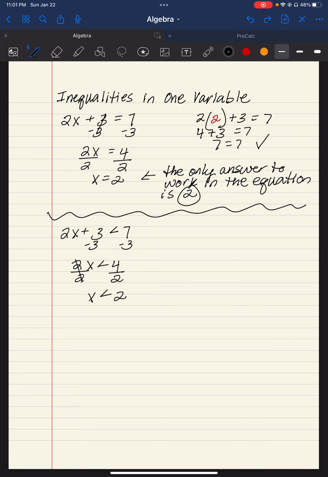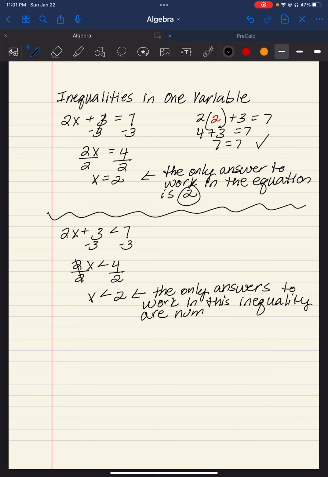Right? So let's give ourselves an example. So this is saying the only answers to work in this inequality are numbers less than 2. Fine, let's try it. So let's give ourselves some examples. I'm going to rewrite the equation. I'm going to pick a number less than 2.